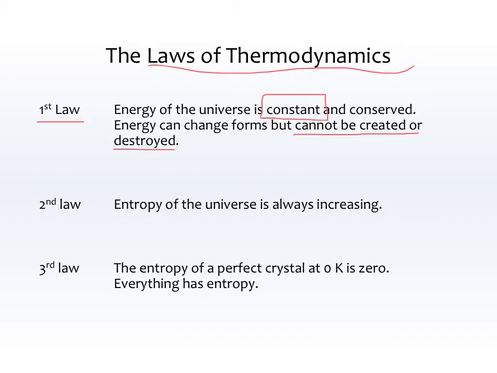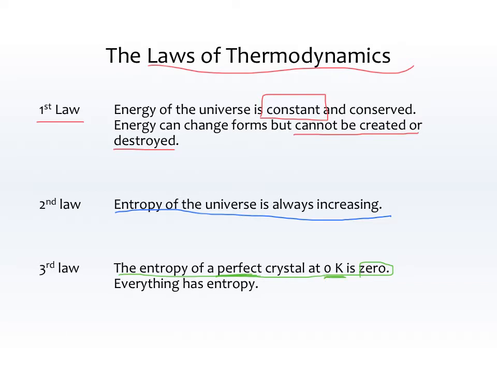The second law says that the entropy of the universe is always increasing. So in a spontaneous reaction, the entropy of the universe would be a positive value because it's increasing as we go. And we're going to get to later what entropy is. And the third law says the entropy of a perfect crystal at 0 K is 0. Pretty much the only thing that has 0 entropy is a perfect crystal at absolute 0 temperature.